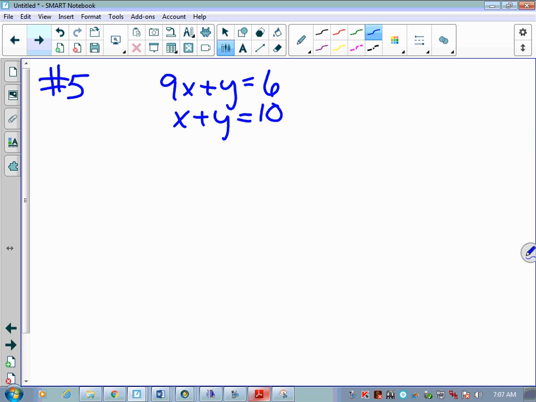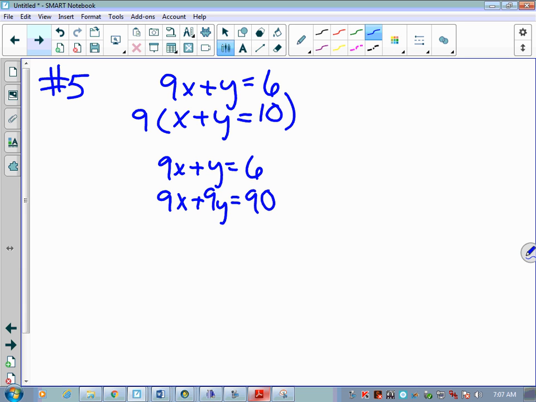Now in this one, again, they want us to solve for y. And like in most of these, there are several different ways to do this. I'm just going to try to stay consistent with how we did the other one. I would multiply this part down here by 9. So I would get 9x plus y equals 6, and down here 9x plus 9y equals 90.